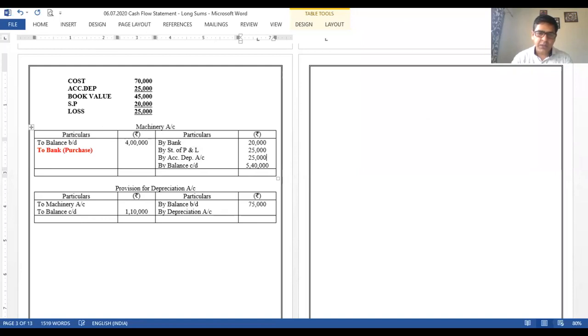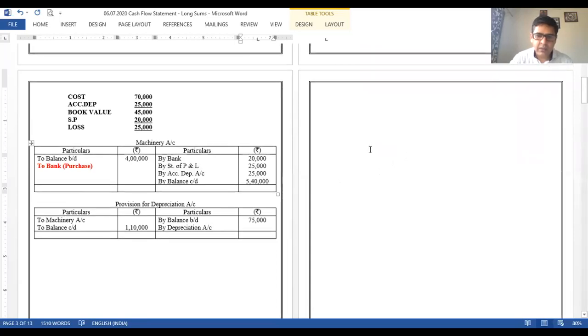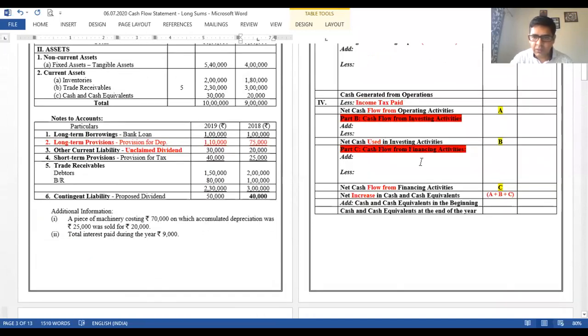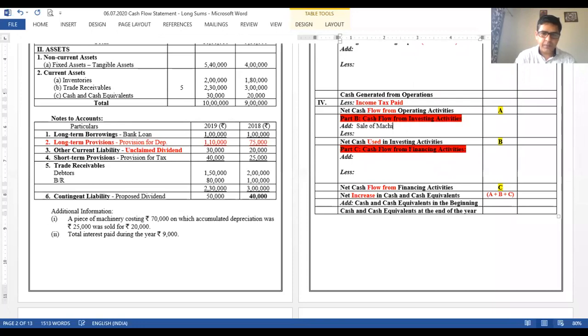is also 25,000. Now the second effect of these three, by bank, this shows the sale of asset. When you talk about the sale of asset, that has to go to investing activity, and I'll be adding it over there, right? Add there, sale of machinery. Sale of machinery can be seen as, what was the selling price? 20,000.